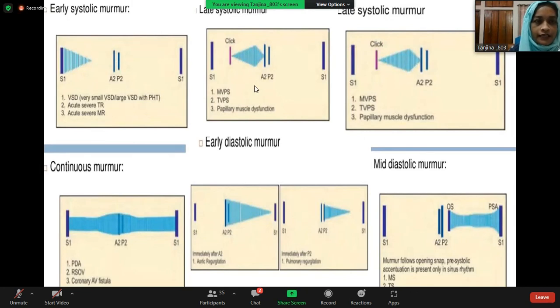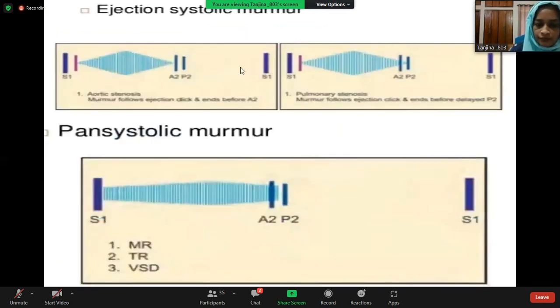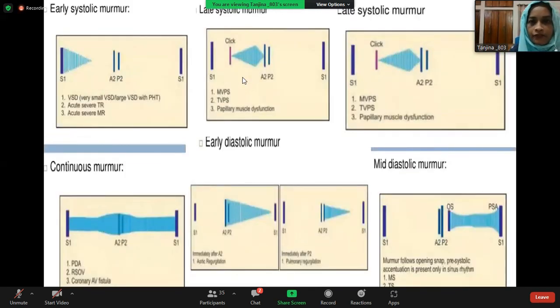This is the late systolic murmur, which starts a short period after the first heart sound in mitral and tricuspid valve prolapse. And this is the continuous murmur, which starts immediately after the first heart sound and continues through systole and the whole period of diastole. This is found in patent ductus arteriosus.